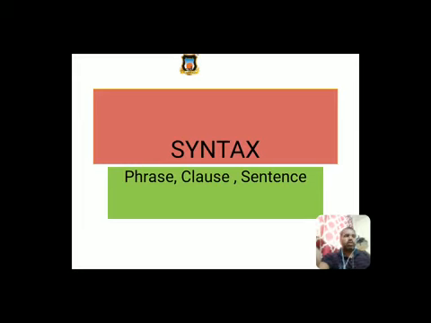So syntax is traditionally defined as that branch of linguistics which studies the structures of sentences. As human beings, one of our most defining and distinguishing features is our ability to use language. Scientists believe that if we are able to fully understand the mystery of our ability to use language, we will be able to know and understand a lot about how our mind works.